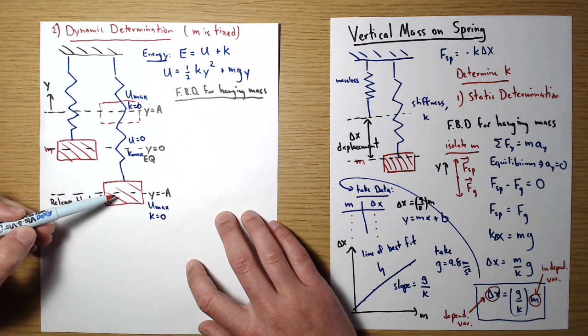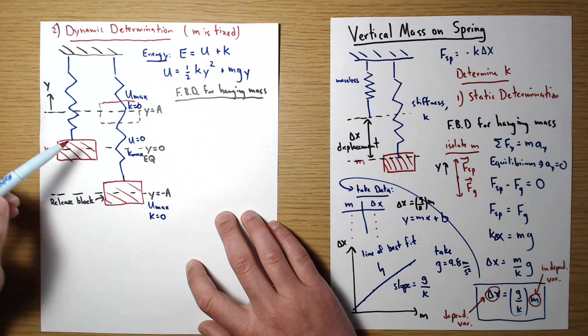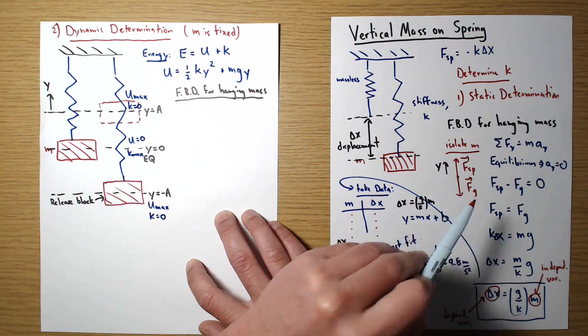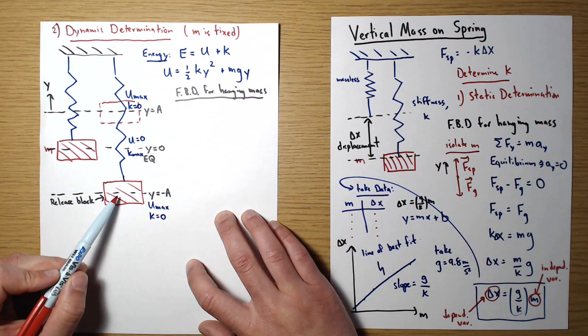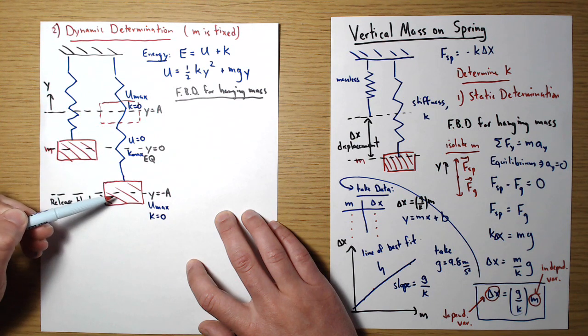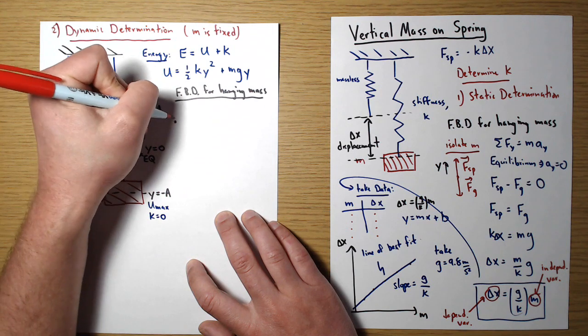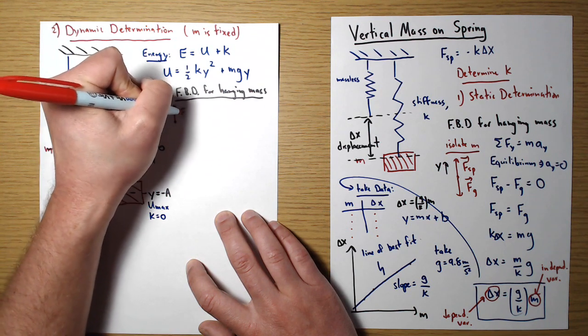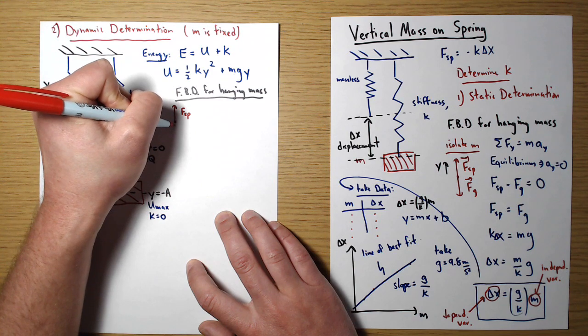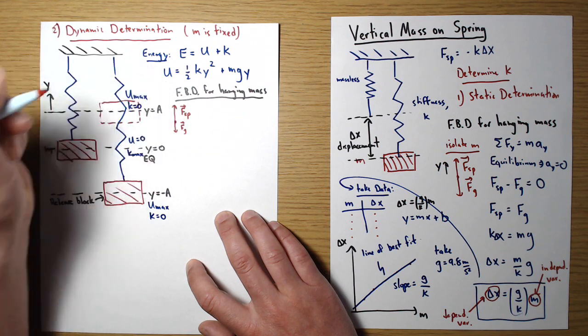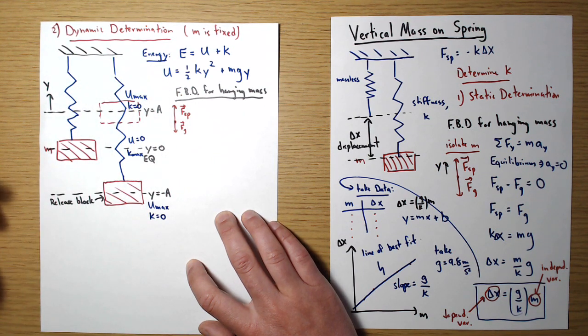When I'm in my equilibrium position, the spring force balances the force of gravity. However, when I pull it a little bit beyond its equilibrium position, now the spring force is a little bit larger in the upward direction. So in the free body diagram for the mass, I'd have a spring force up, and it's imbalanced by the force of gravity, which is not quite as large as the spring force. That's why it tends to move back towards its equilibrium position.